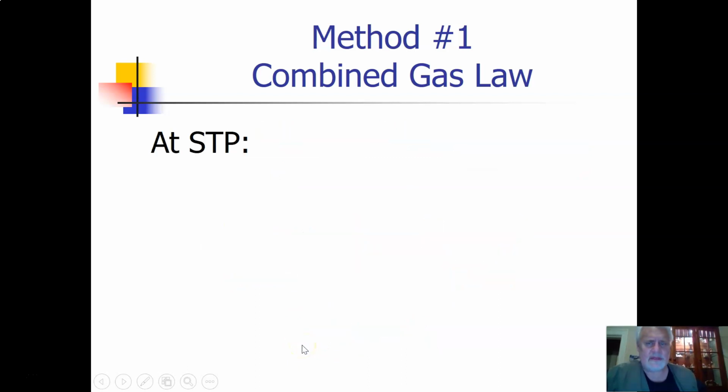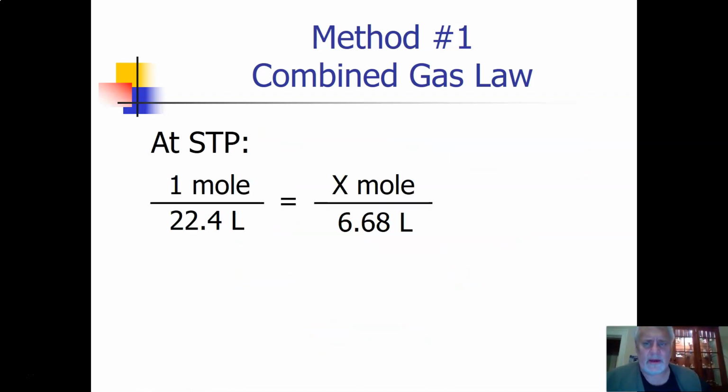Now, how can we use that? Well, like I said, you know that 1 mole equals 22.4 liters for any gas at STP. X moles for 6.68 liters.